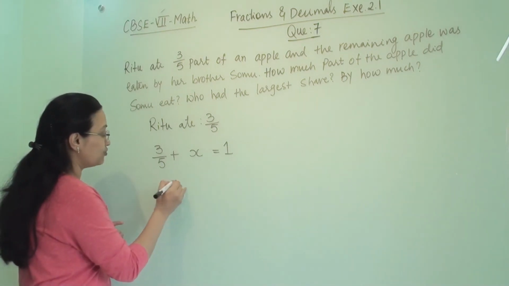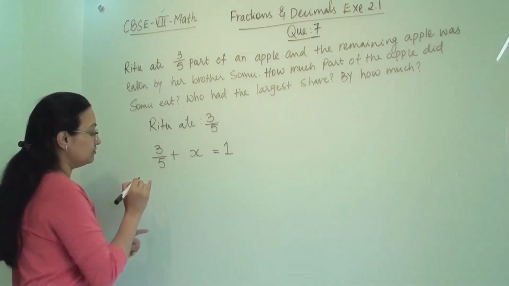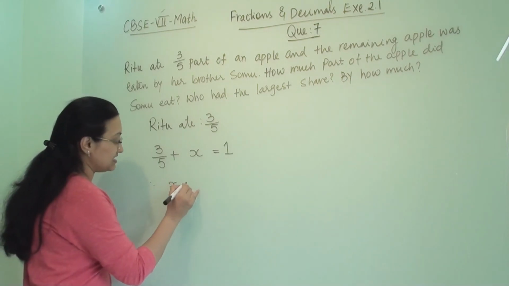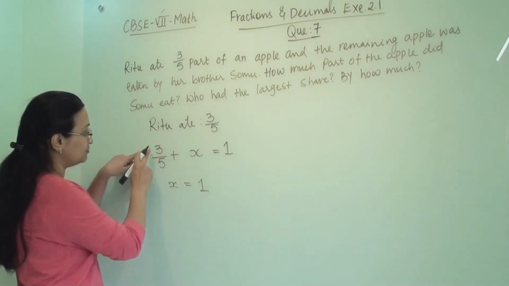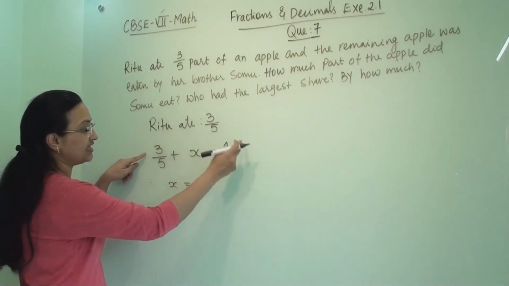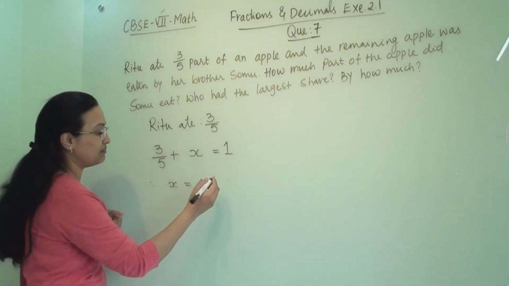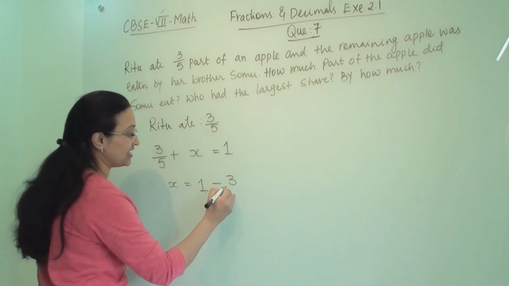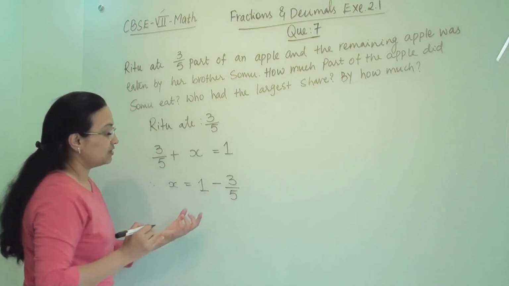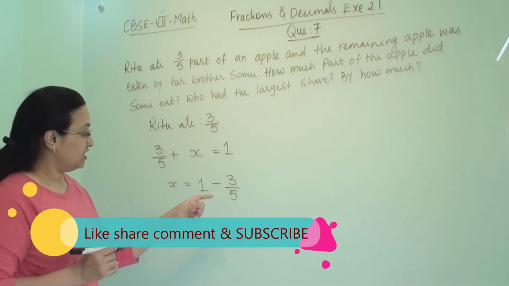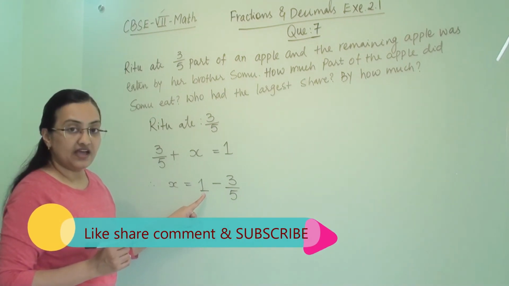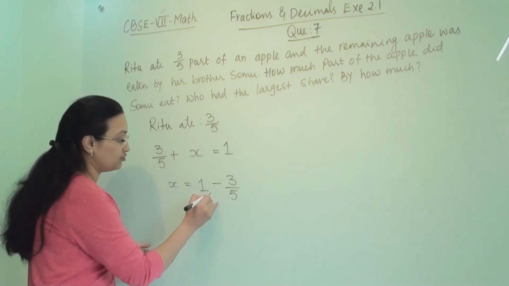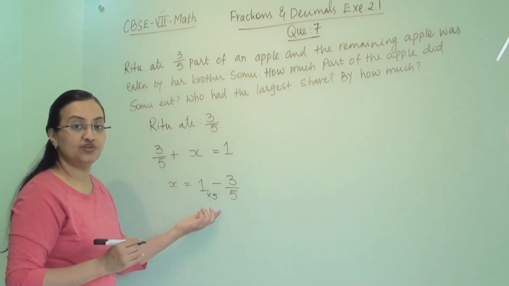Now if we want to find the portion covered by x, then x equals 1, and this 3 by 5 we are taking to the other side. Here it is plus, so when it changes side it will become minus. Now this is our subtraction. Here it is 1 and we have to change this into like fraction, so we multiply above and below with 5.